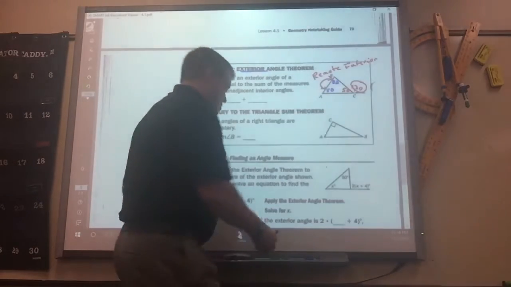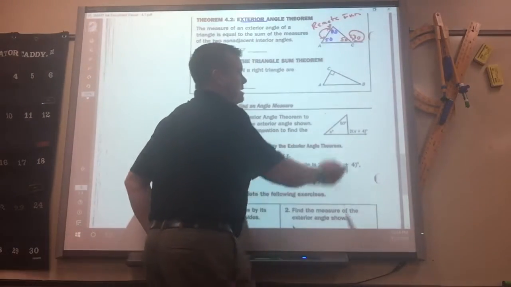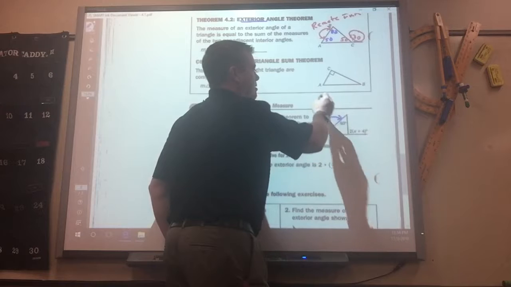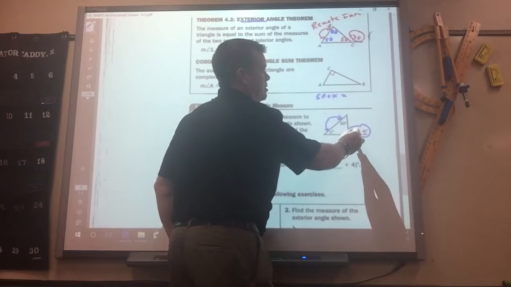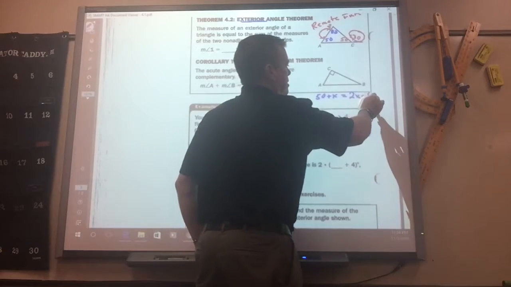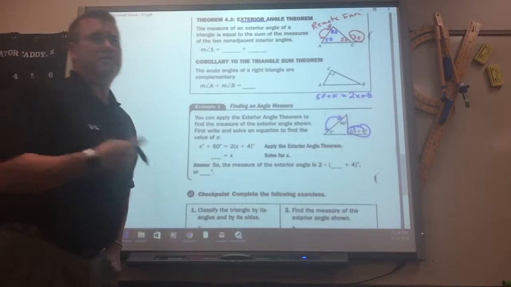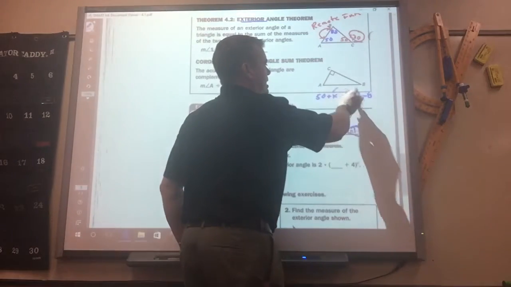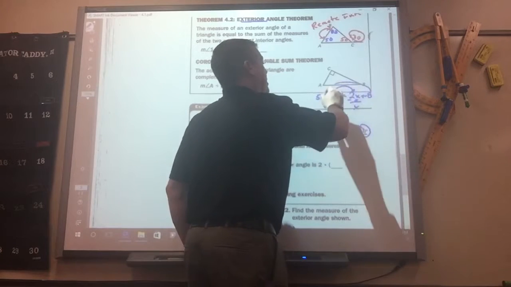So what that means is these two angles added together equals that, equals this, which I can just multiply through. That'd be 2x plus 8. So then you got an equation that you can solve. Get the x's together. It's a plus, so minus x. And then move this over here.